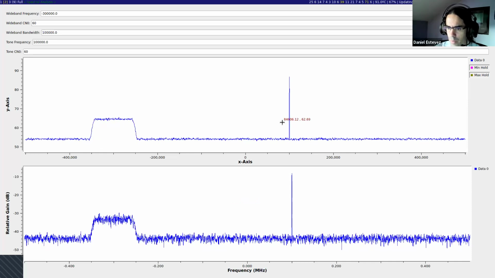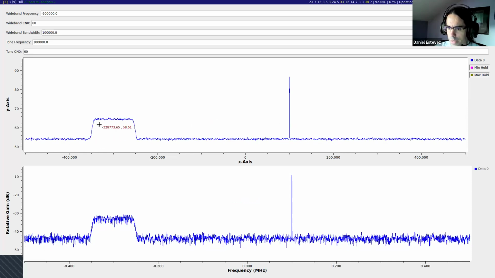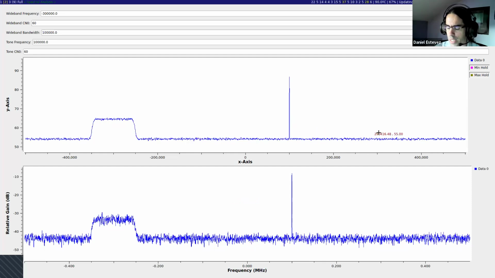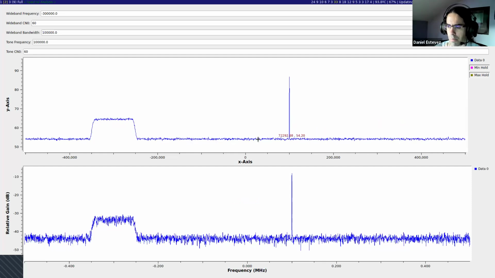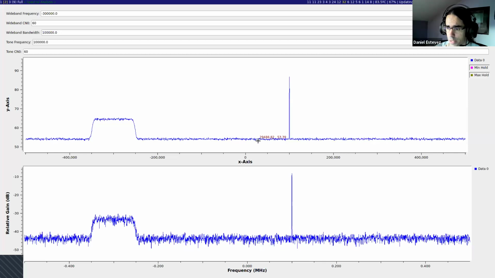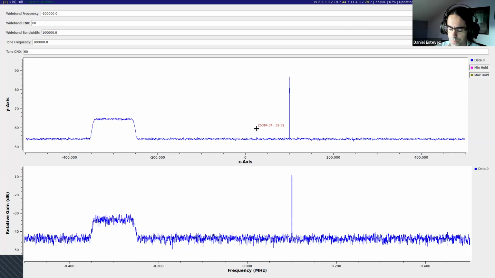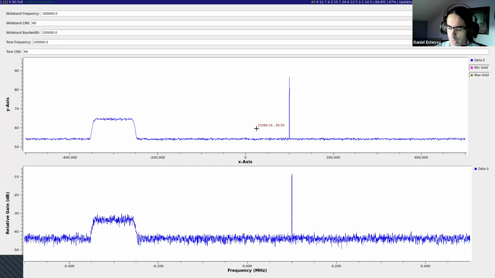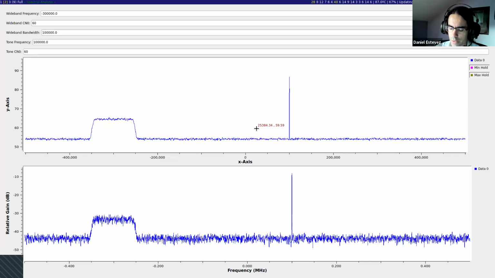And then we get 1 second of data, and so the noise has reduced. Basically, the noise variance, as you can see here, is reduced proportionally to the integration length.